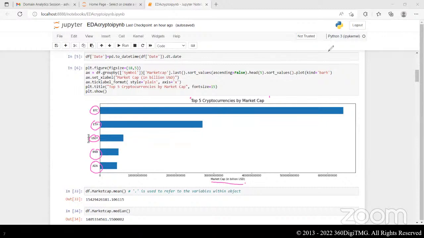Now, we talked about first moment business decision. In the first moment business decision, we try to find your mean, median, and mode.